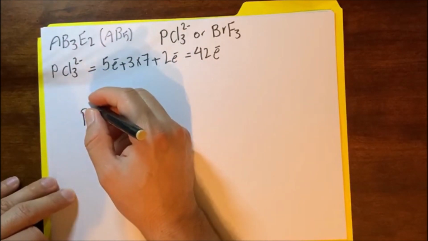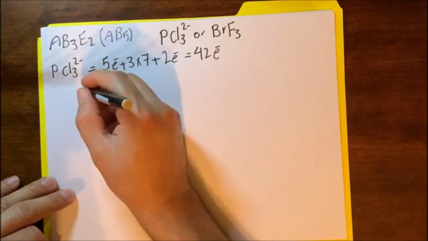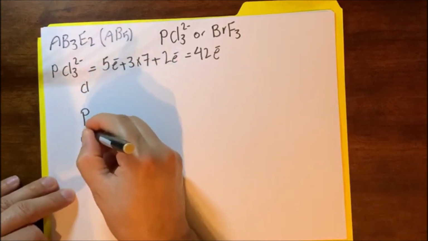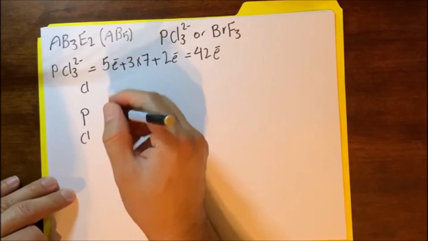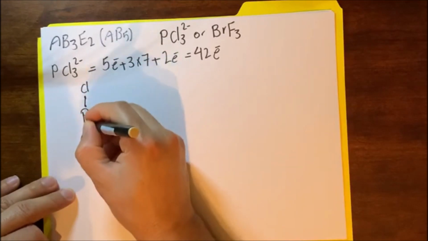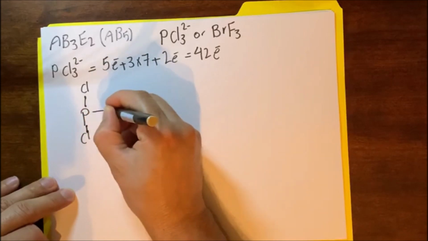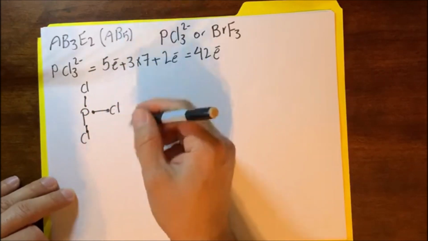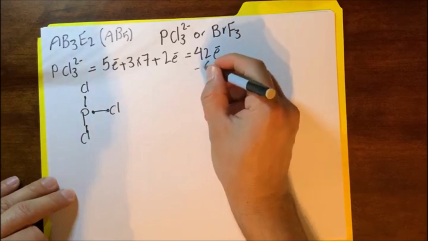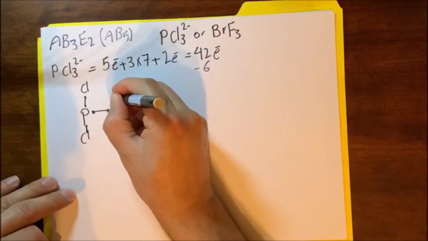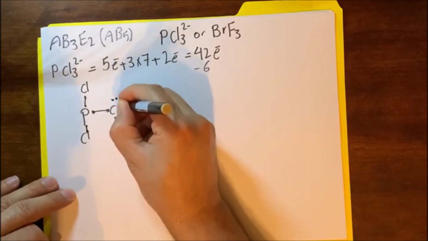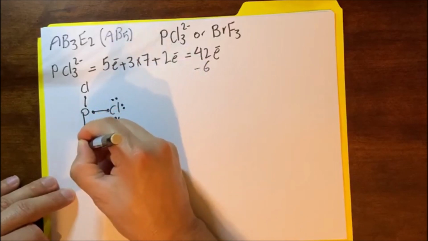Now I need to put the chlorines around it. 1, 2, 3. I use 6 electrons. I'm going to give each 6 electrons to make it an octet.